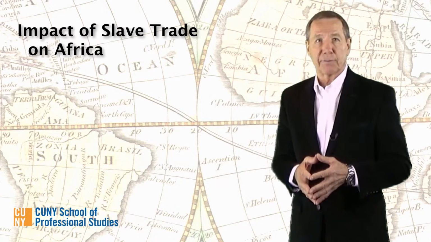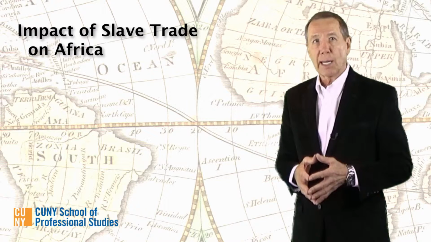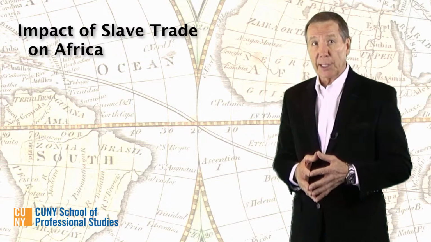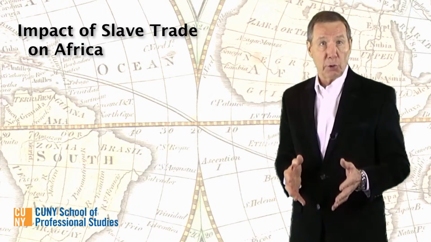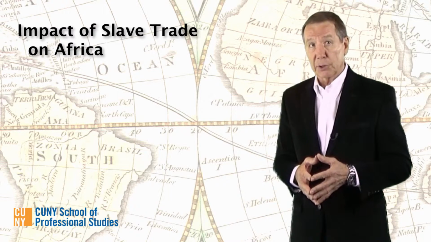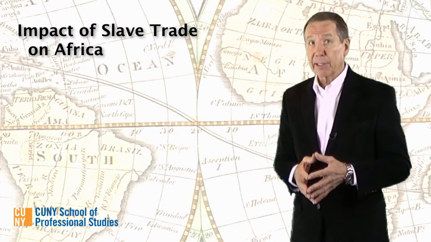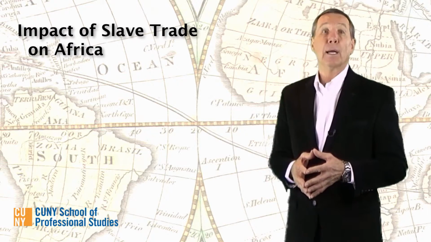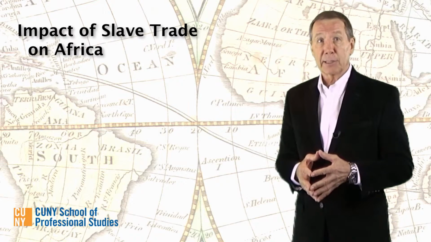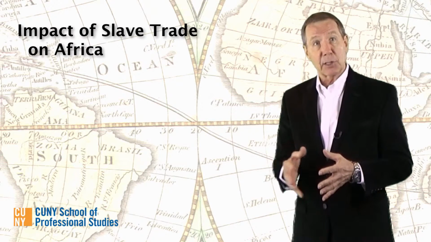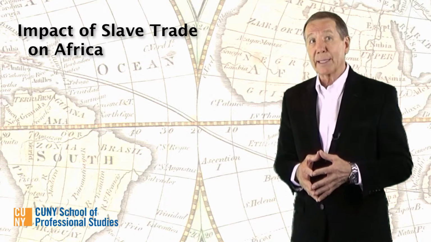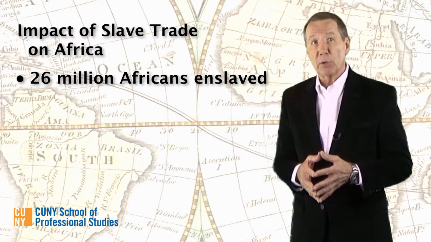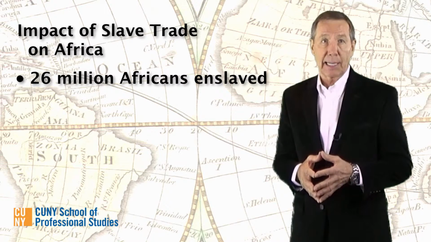The effect of the slave trade on Africa was no less severe. Politically, tribes specializing in the capture and sale of slaves to Europeans enjoyed an increased influence. Demographically, African populations were depleted. Taken together, the Atlantic slave trade and the Islamic slave trade forcibly extracted around 26 million people from the African continent.